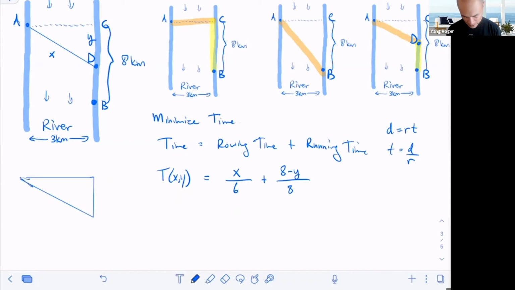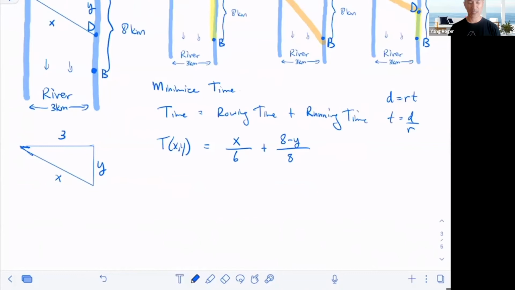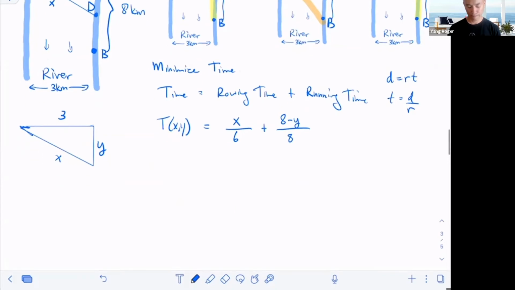I can't draw anymore. I lost my skills. And this side is x, and this side is y, and this side is 3. What's the relationship between these guys? You can just give the relationship a name if you want to. That's right. This is the Pythagorean theorem.